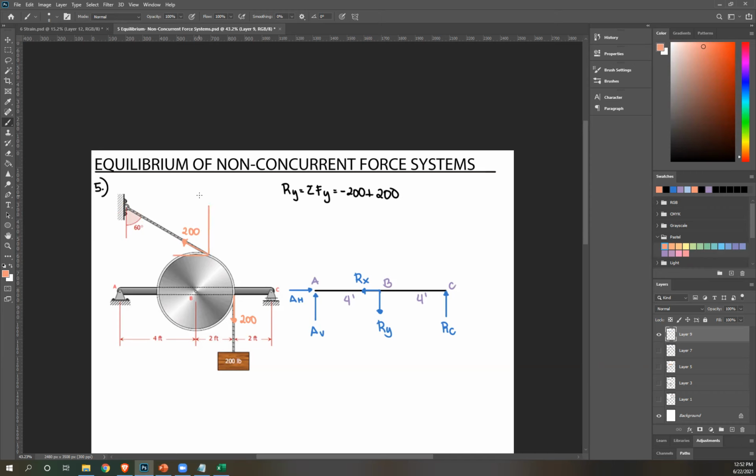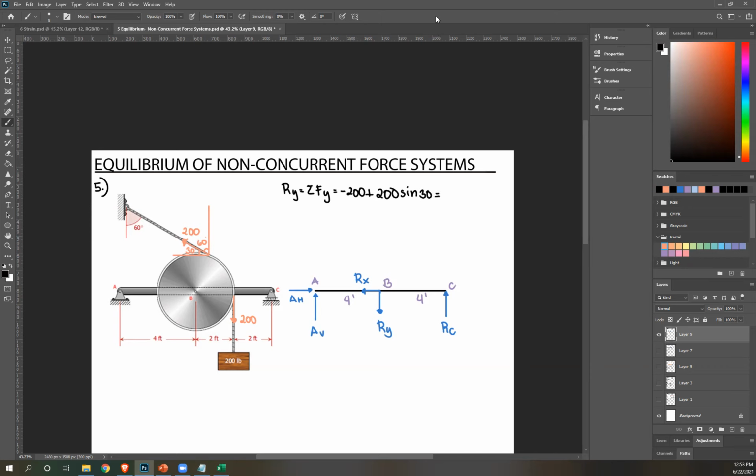We do alternating interior angles. If this is 60, then this is also 60, right? This is 90 degrees. So to get the angle from the horizontal, that's just 90 minus 60. Therefore, this is actually 30 degrees. So getting the vertical component, that's sine 30. Please solve what's Ry.